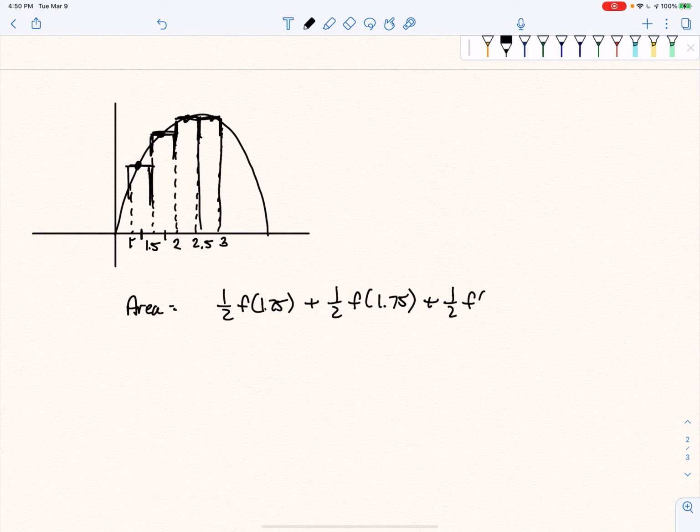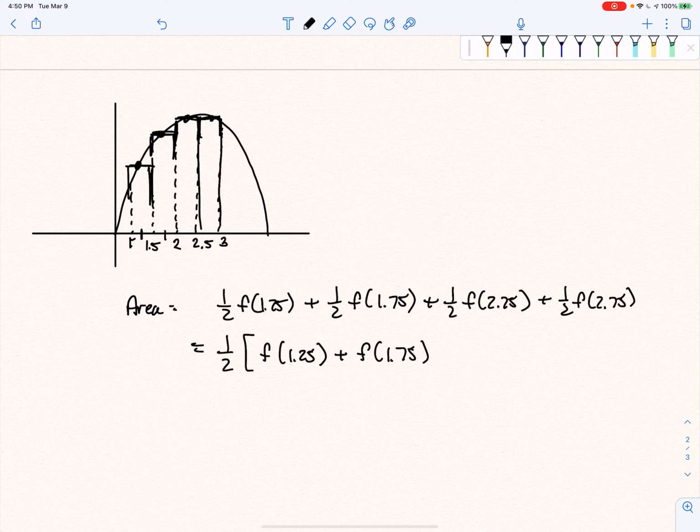So you have 1/2 f of 2.25, and 1/2 f of 2.75, and then naturally I'm going to factor out the 1/2. I just write all the rest of these down, and I have these off to the side, so just plugging in 1.25, 1.75, etc.